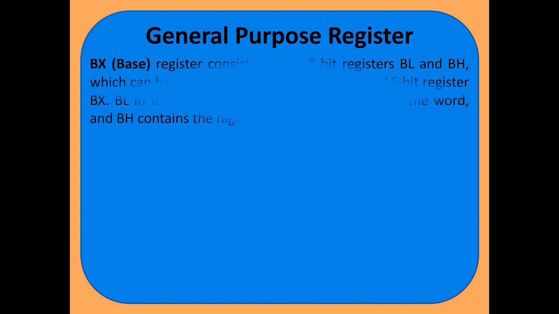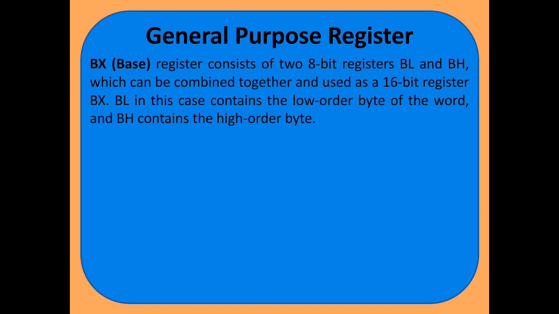We use AX as the default destination operand when we are performing multiplication and division. Coming to the base register, that is the BX register, it is also divided into two 8-bit registers, where BL is the lower byte of the BX register and BH is the higher byte. The special function of the BX register is as a base index register. We already have the source index register and destination index register.